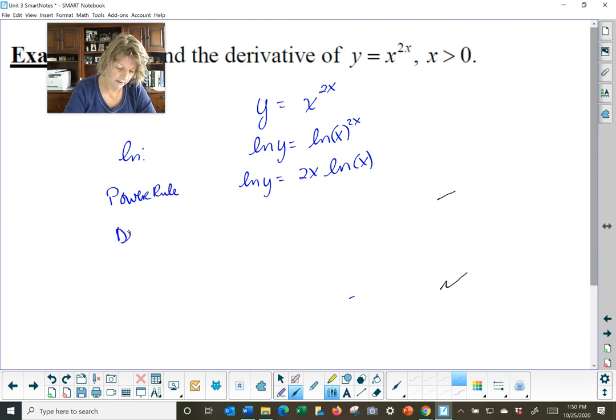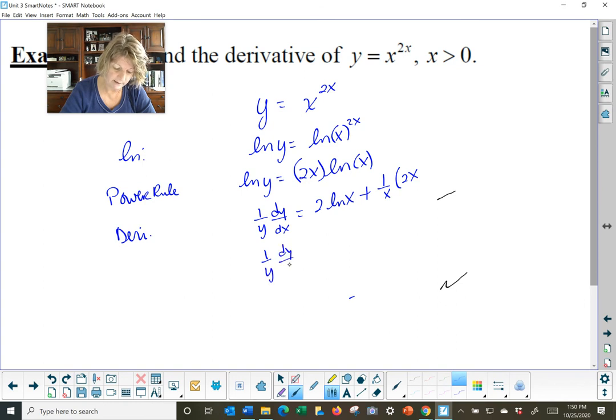Next, let's take derivative of both sides, this will be a 1 over y dy dx. And then I'm into product rule. 2 natural log x plus 1 over x times 2x. That gives me a 1 over y dy dx equals 2 natural log x plus 2.